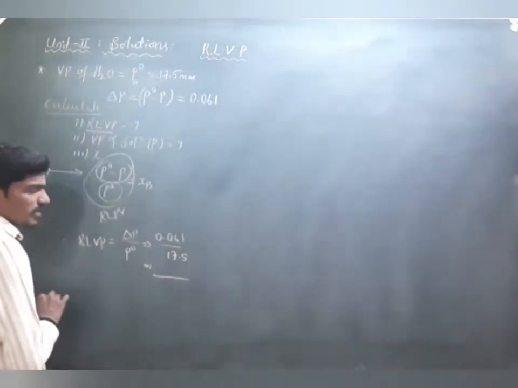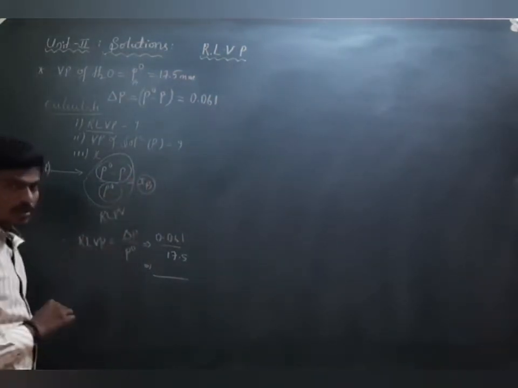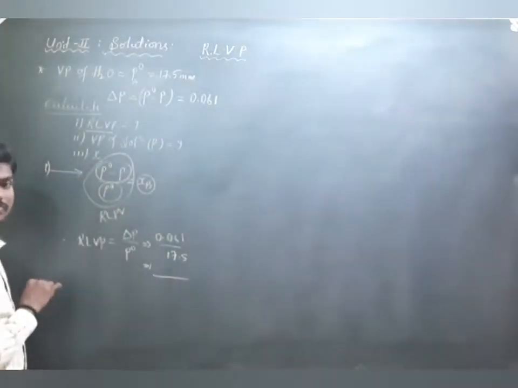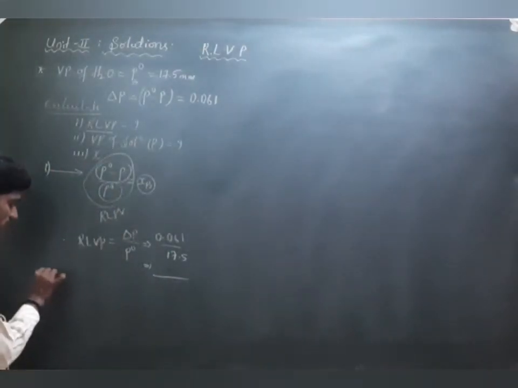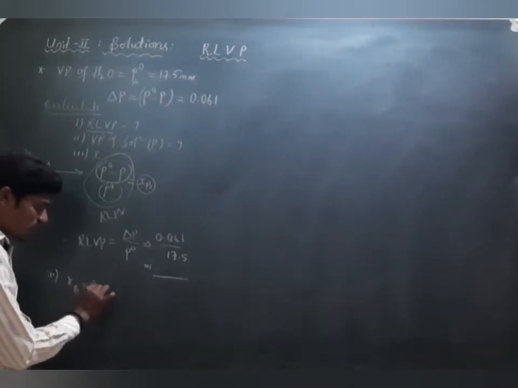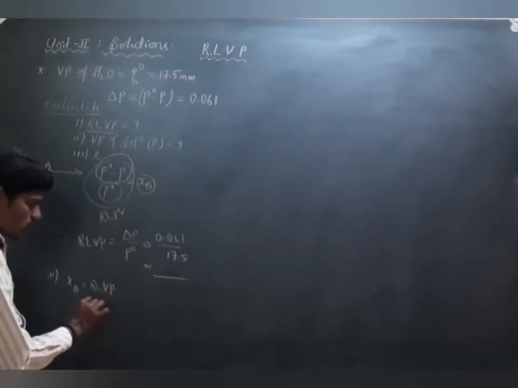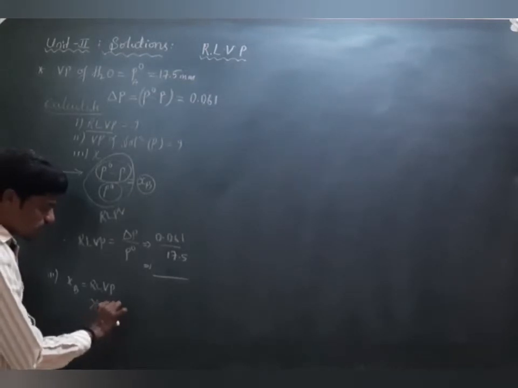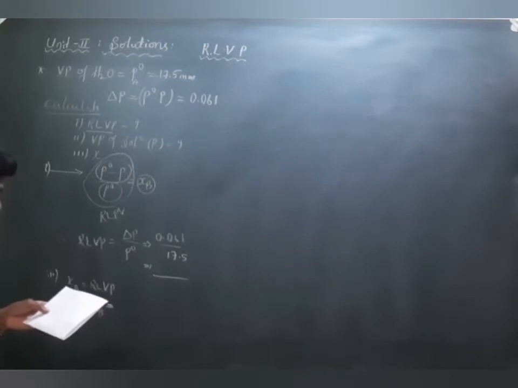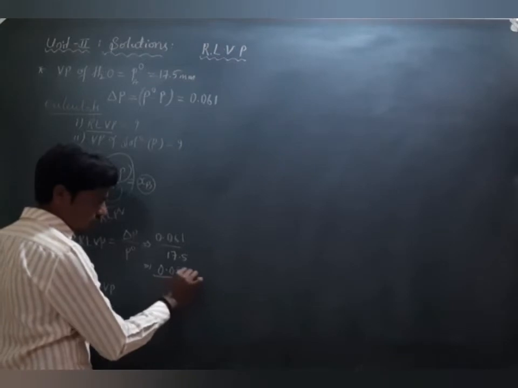This is RLVP. Now in this case, this RLVP is equal to XB, so whatever answer you get here is the mole fraction of solute. So mole fraction of solute is equal to RLVP, that is 0.061 divided by 17.5, which is 0.00348.